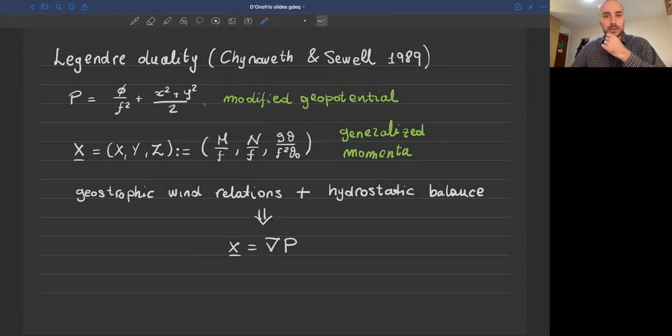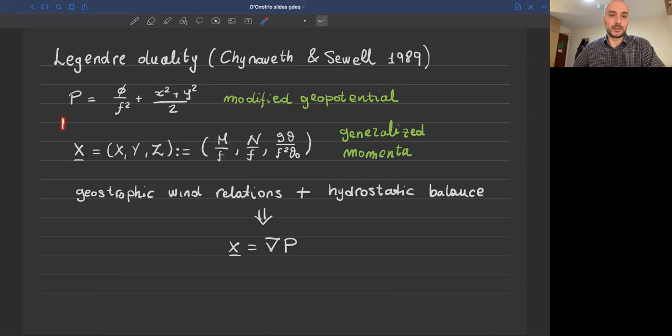They were the first ones to ever recognize the presence of a Legendre transformation between four sets of variables of importance for semigeostrophic theory. And the key point for this observation is as follows.